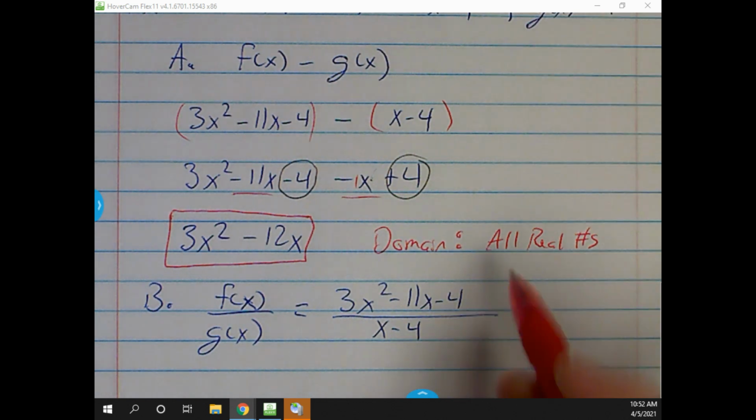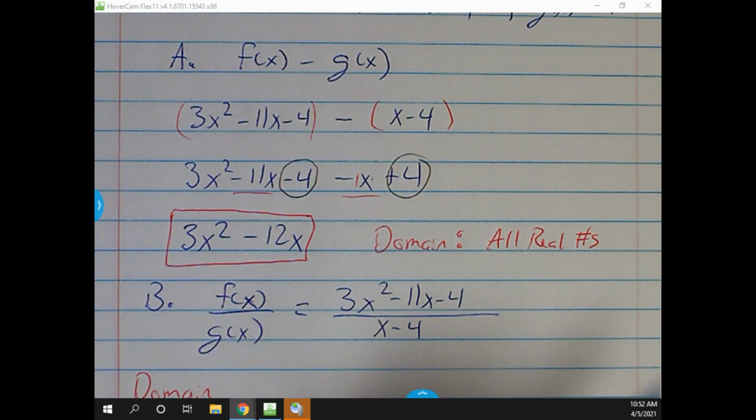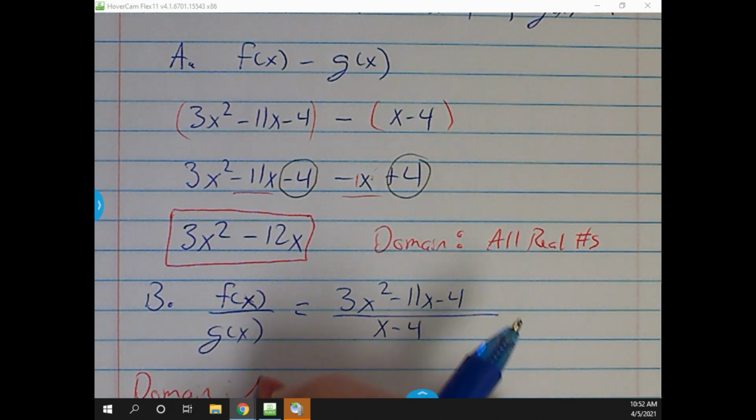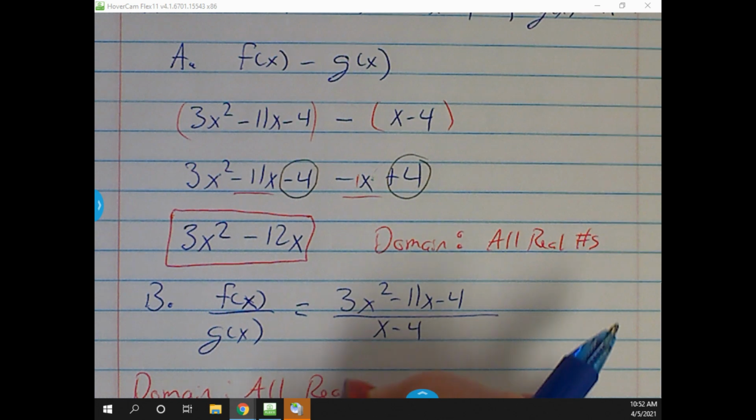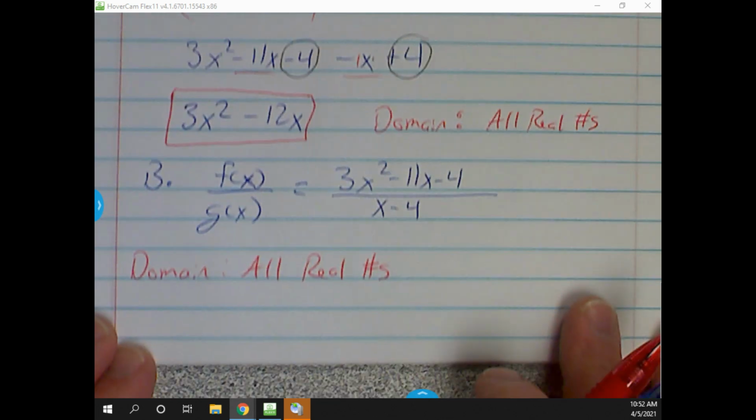Okay, very first thing again for this one is you want to go ahead and get your domain out of the way. So the domain would be all real numbers, but you've got to exclude x minus 4 equal to 0.